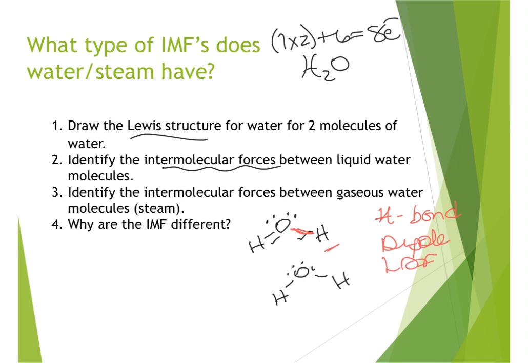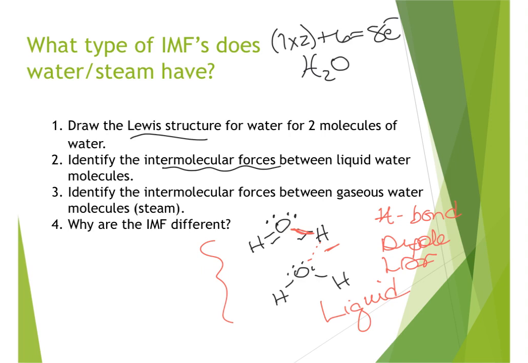All right, so that's liquid molecules. Now, gaseous molecules, what happens? If this is a liquid, and by the way, we'll go over this more later, you show intermolecular forces with a dotted line to show that it's not really a chemical bond, just an attraction.